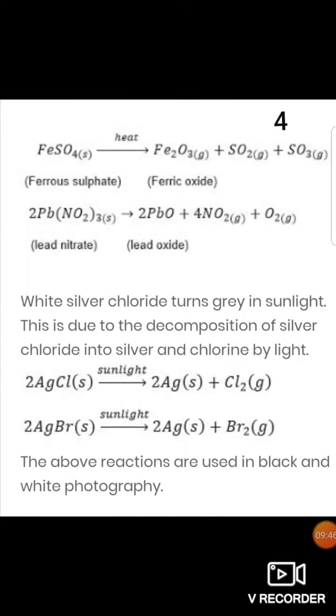For example, FeSO4, ferrous sulfate, is one reactant. When heated, it gives out ferric oxide plus sulfur dioxide gas plus sulfur trioxide gas.